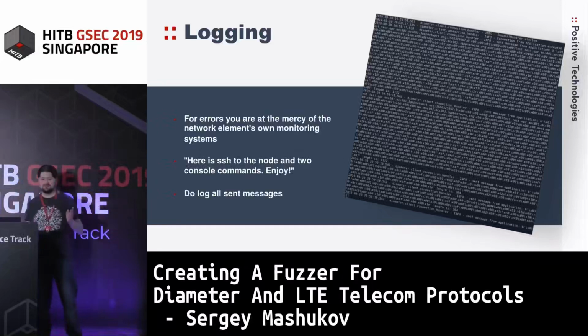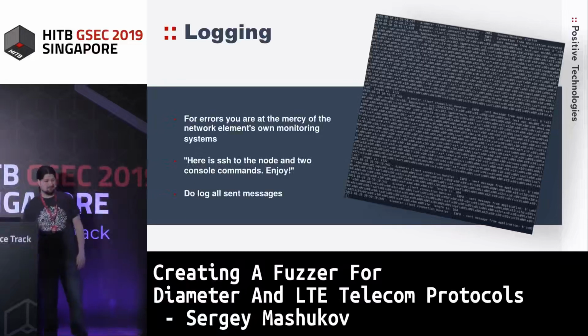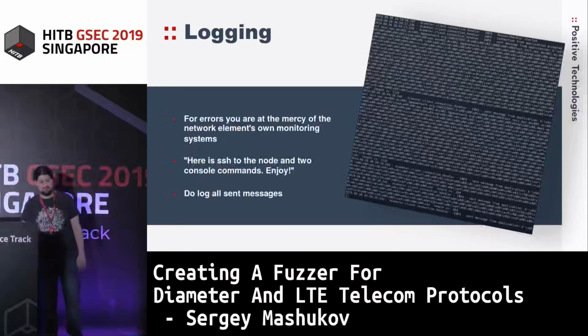I don't know why they did that. So, do console commands. Enjoy. And you are on your own from now on. You can ask them for help, but they don't really want to spend a lot of time with you.